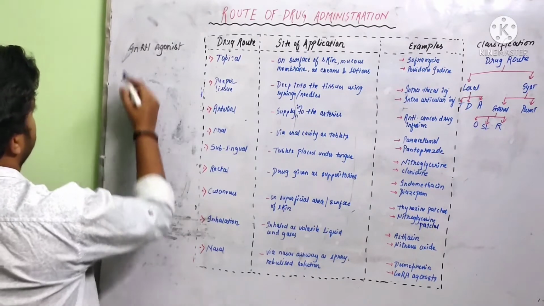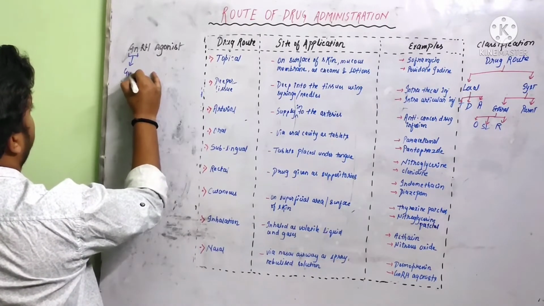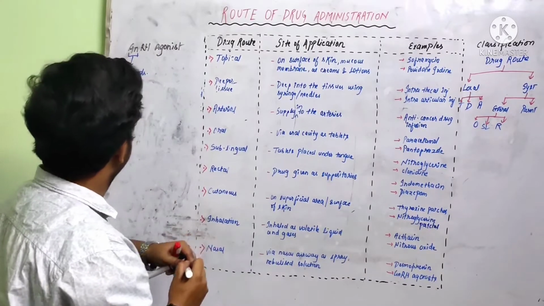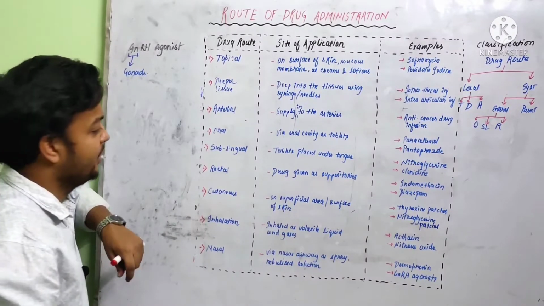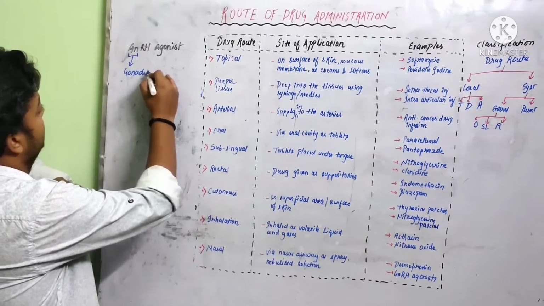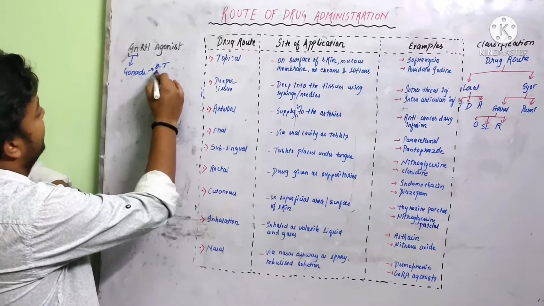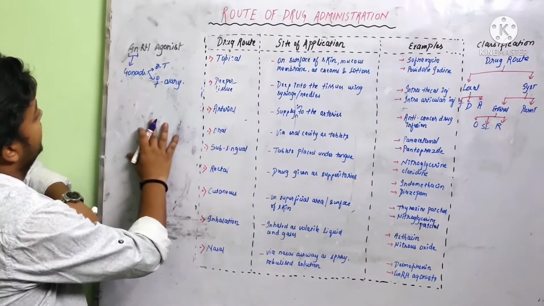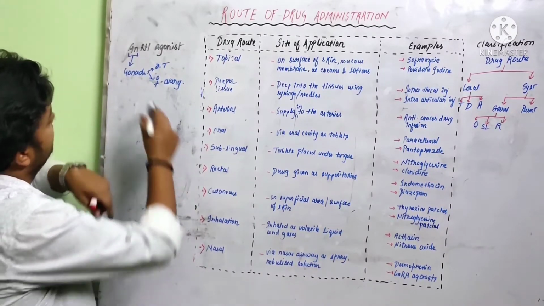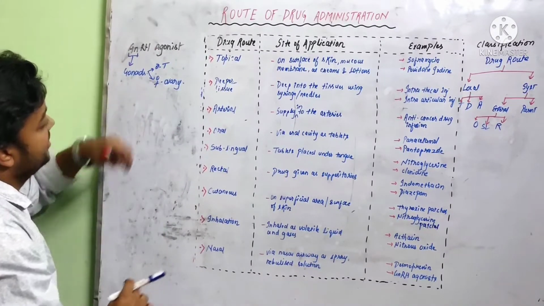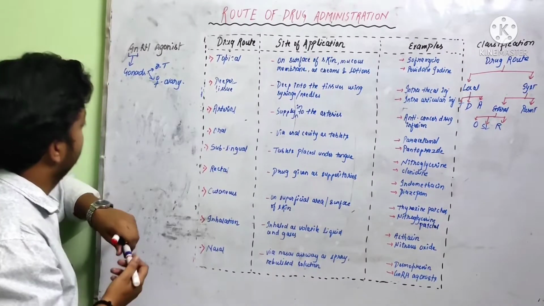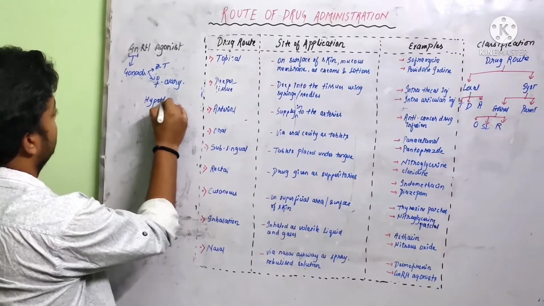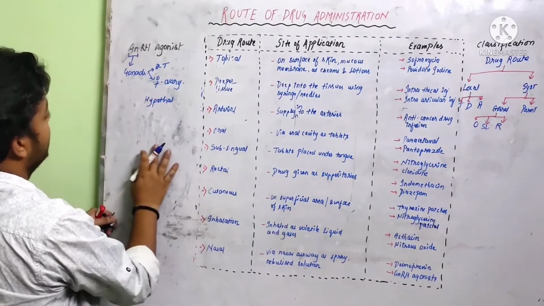GN here means gonads, that means organs which produce the sex gametes. In the male we have the testes, in the female we have the ovaries. So these hormones stimulate the action of the testes and the ovaries. What happens is, first the hypothalamus is where GnRH is released.